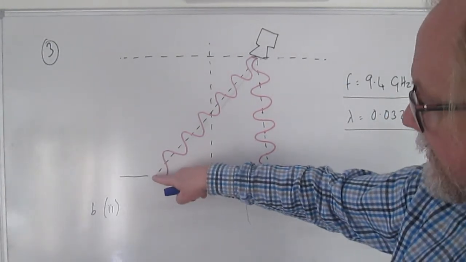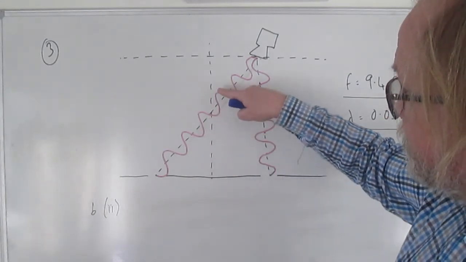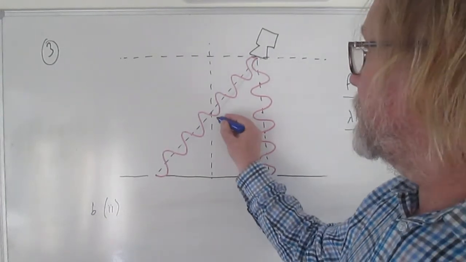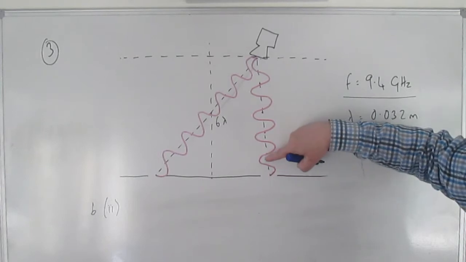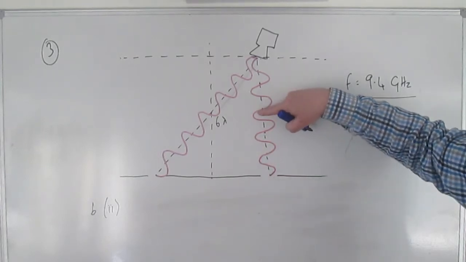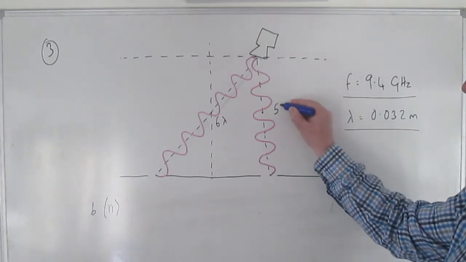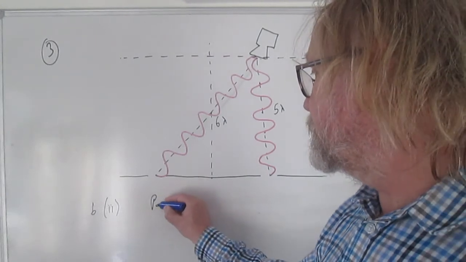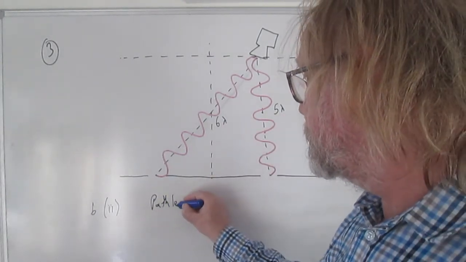So you can see here, that's 1, 2, 3, 4, 5, that's 6 wavelengths, the path length, and this one, 1, 2, 3, 4, 5. Okay, so the path length difference is just one wavelength, because it's the difference between 6 wavelengths and 5 wavelengths.